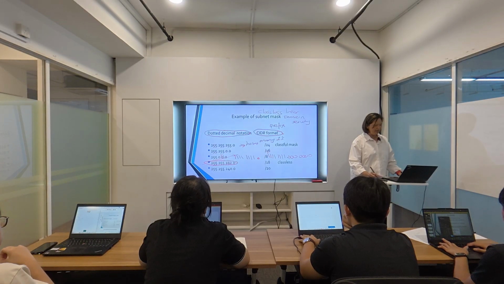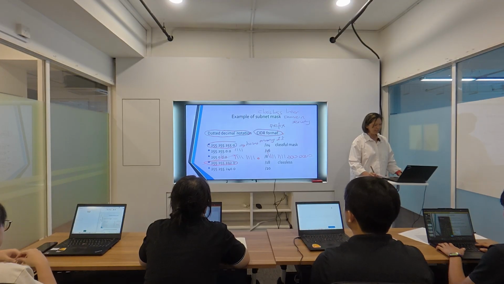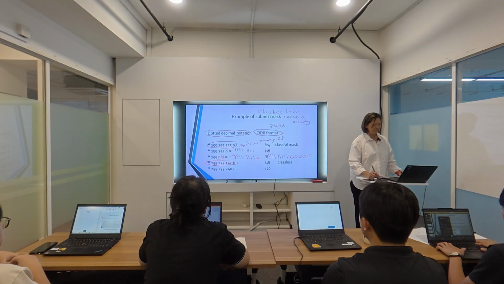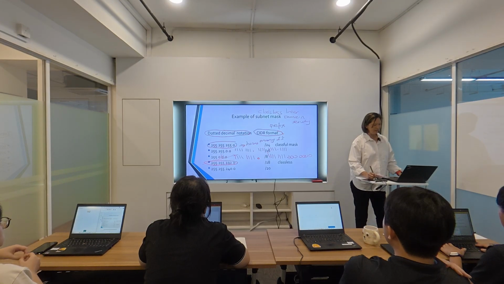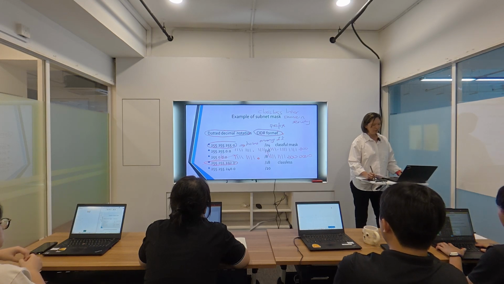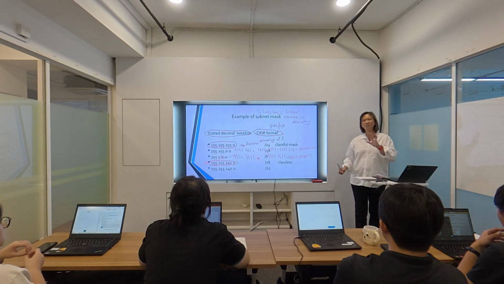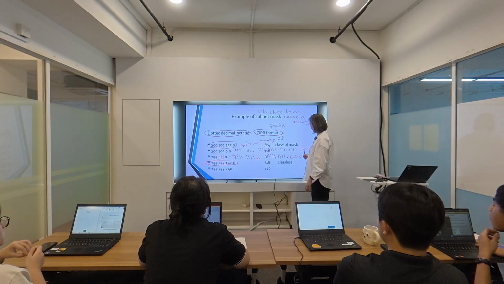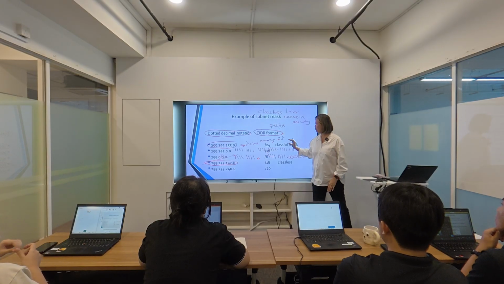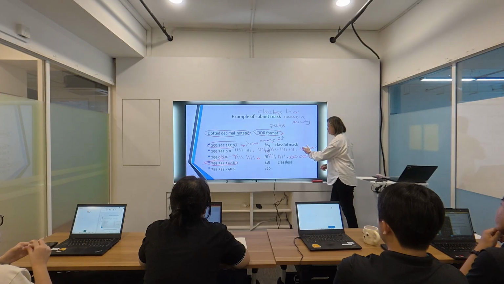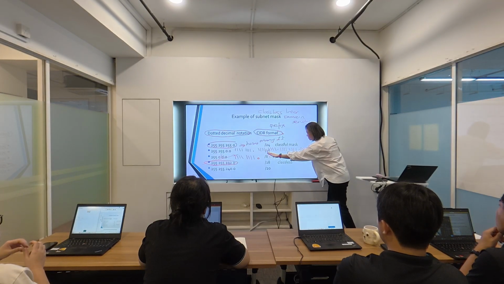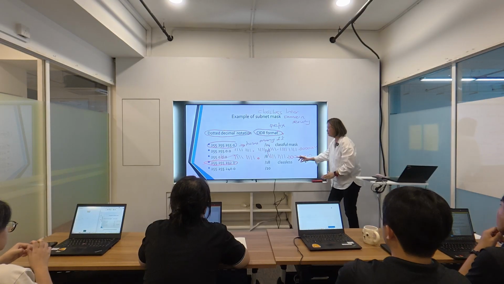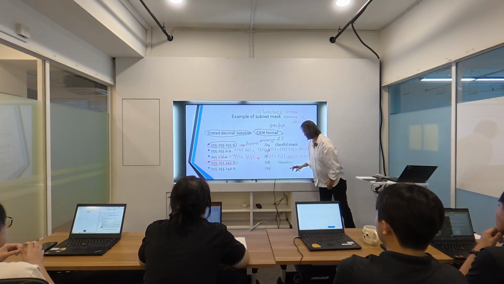The 255.255 mask from just now also has this pattern: eight ones, another eight ones, and suddenly it becomes 0. So from the left it is all ones, and the minute it turns to 0, all the rest is 0. You cannot have a random 0 here, or a random 1 there.